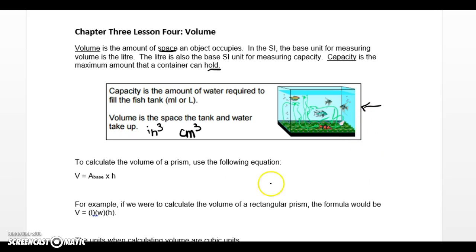We would use the following formula: volume is equal to length times width times height. Here, length times width is the area of your base, because as you see in this picture, the bottom of your fish tank is a rectangle, and the area for that is length times width. Then, as our formula above states, you multiply that area by your height. This works for all rectangular prisms: volume equals length times width times height.